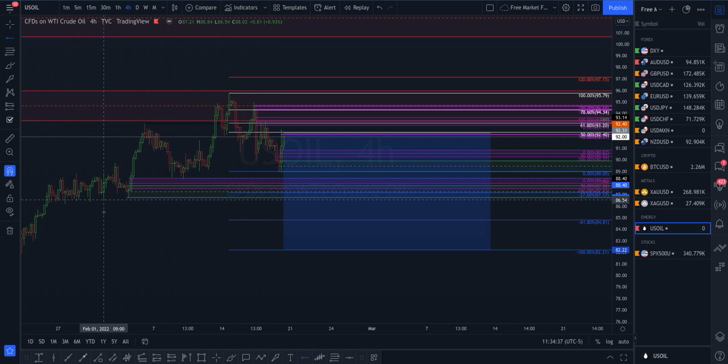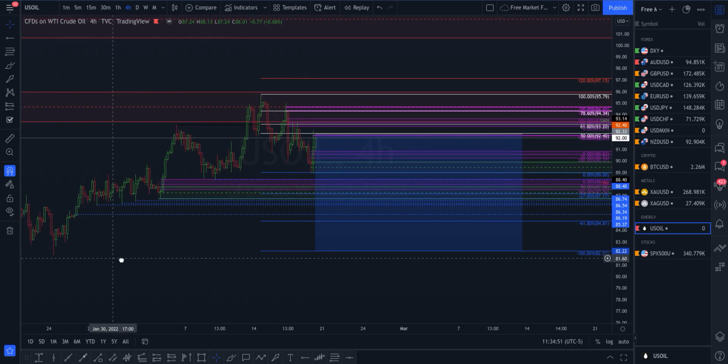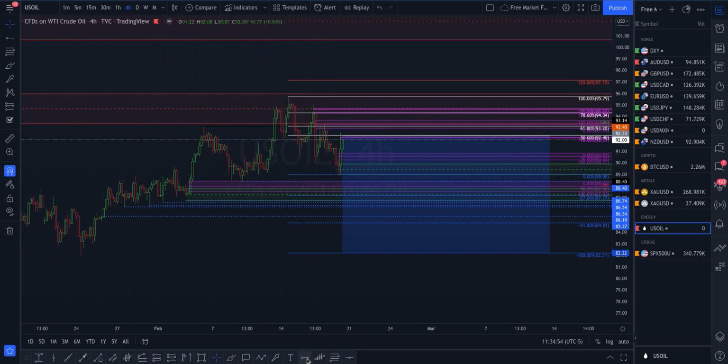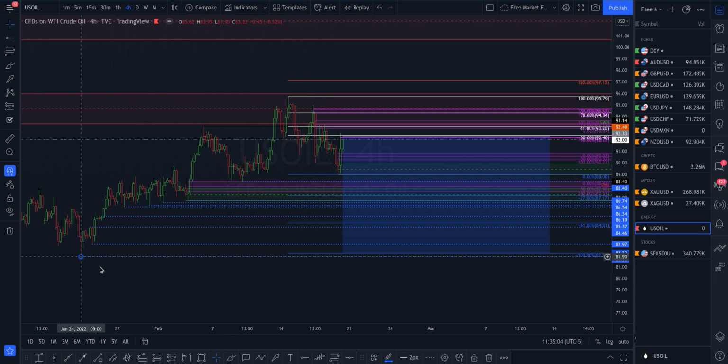We've got a bunch of areas to take partial profit in here on US oil just to secure the bag. Okay. We've got this imbalance fulfillment, this imbalance fulfillment, that one, and this is past 100%, but we'll take that low.